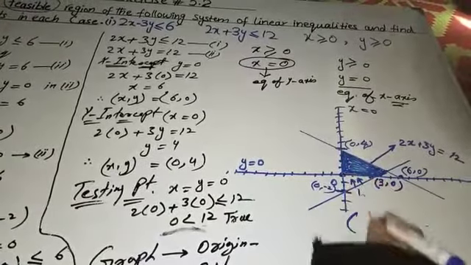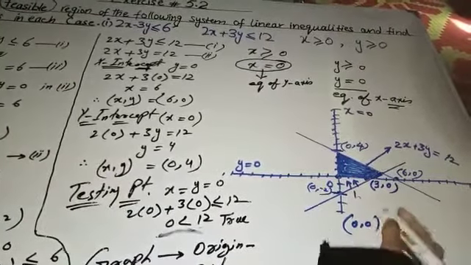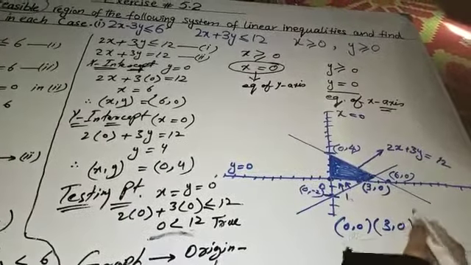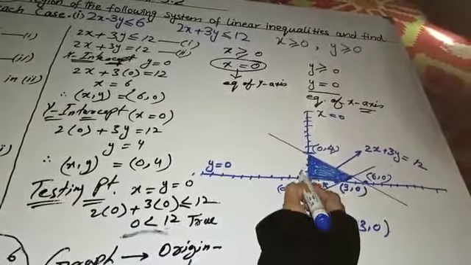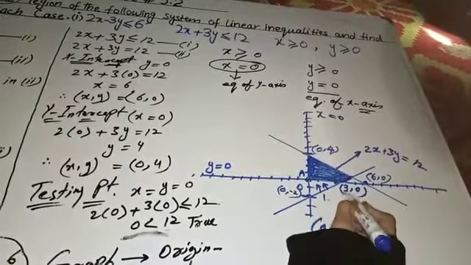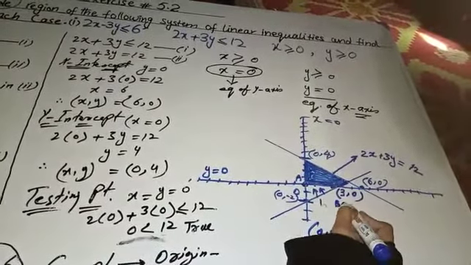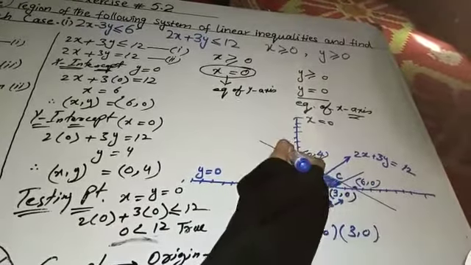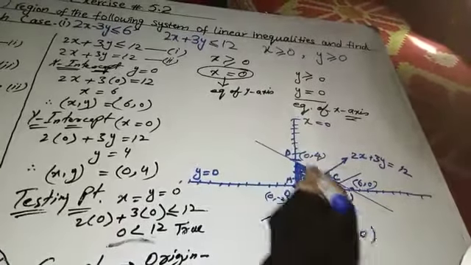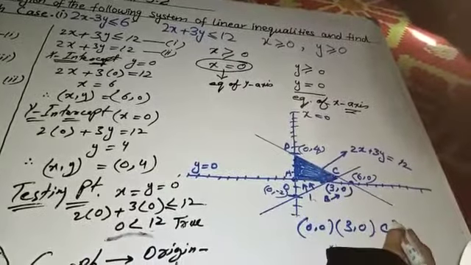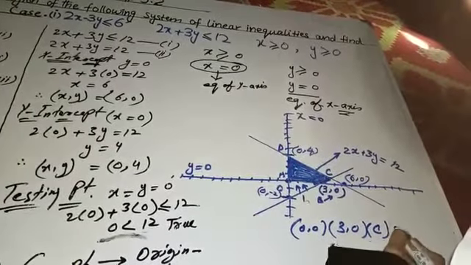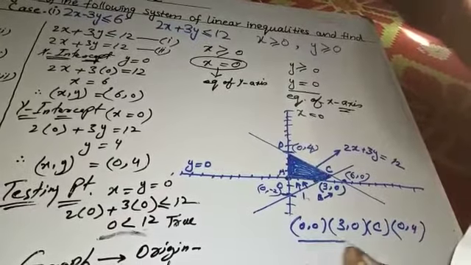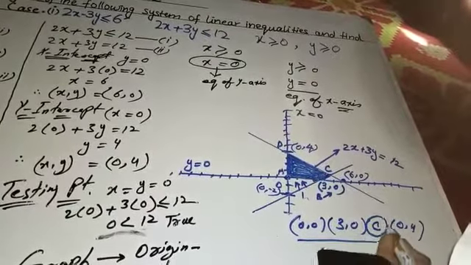Suppose this one origin is 0, 0 and this one is 3 and 0. A is the origin, this is B point, and this one is C point, unknown, and this one is D point. We know this B point. C point is unknown and D point is 0 and 4.